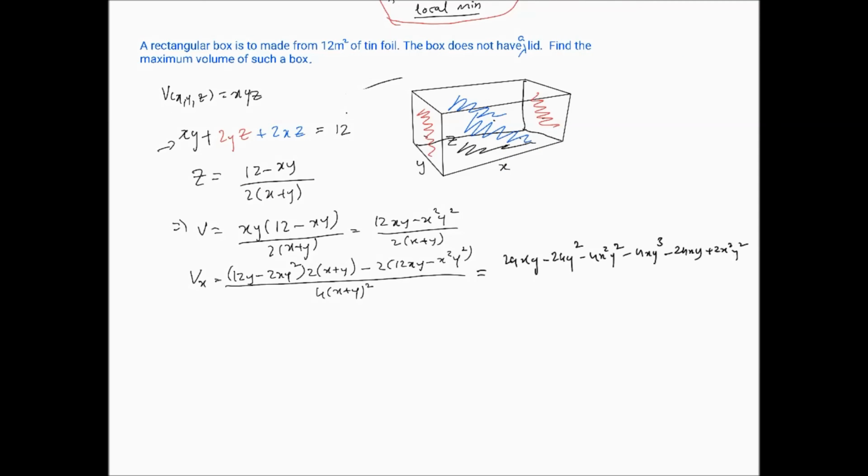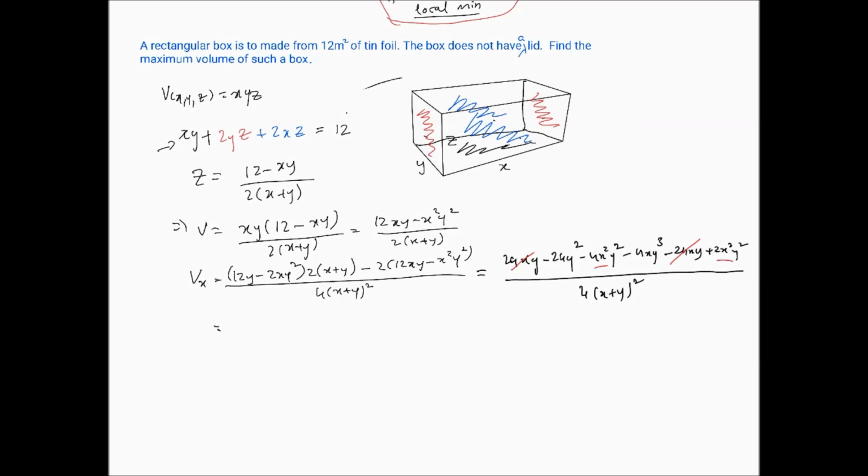So this is equal to, all divided by 4 times x plus y squared. Now you will notice that some of these things will cancel. For instance, this 24xy and this 24xy will cancel, and these two will give us just 2x squared y squared.